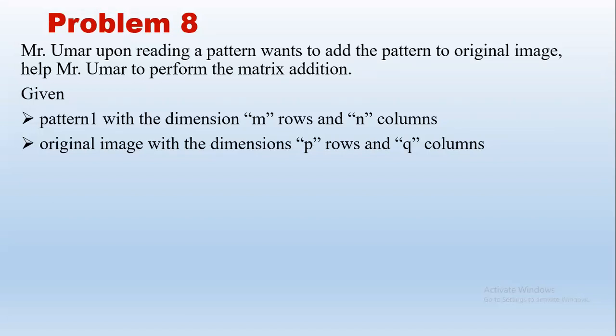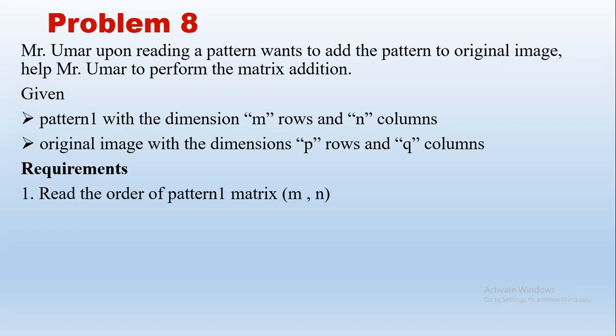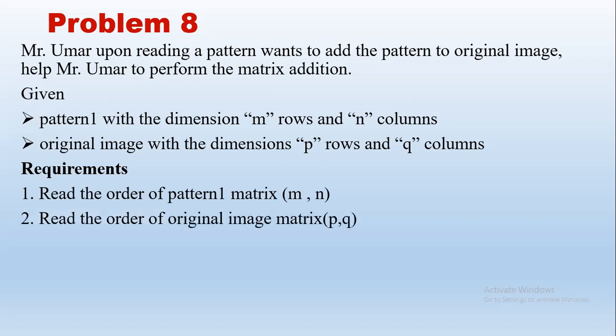So now we first need input for m and n and p and q. So that is what we will read. Order of pattern 1 is m and n. Order of original matrix is pq. Now what is the condition necessary, the prerequisite for matrix addition? Anyone?